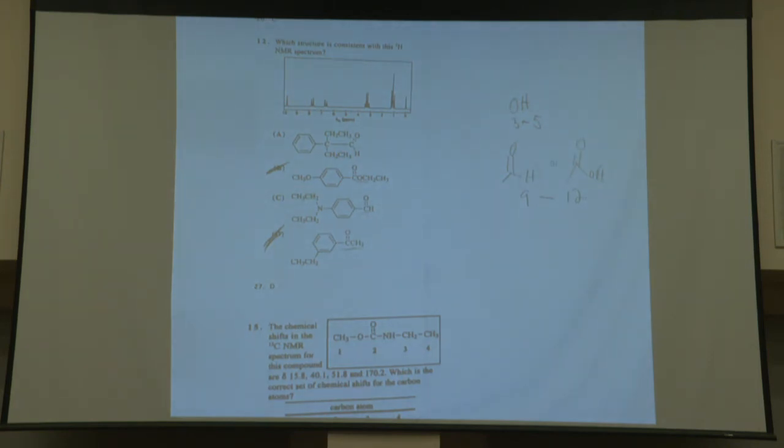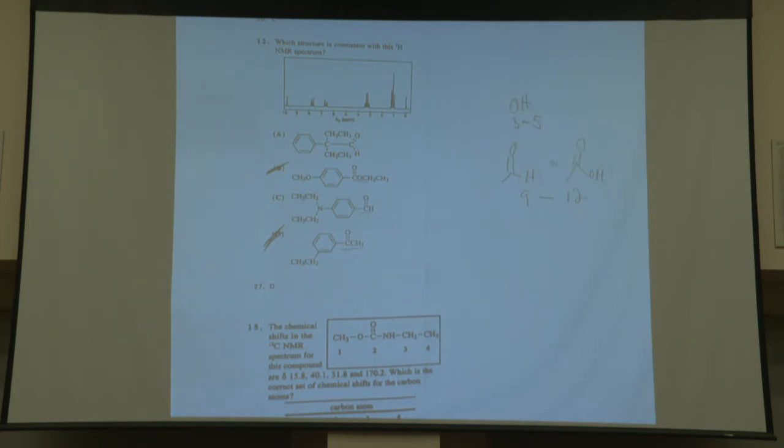There's a couple ways you could do it. I'm going to show you what I think is the easiest way, and that's just based off of the number of signals. I know I didn't really show you that, but if you think about it logically, how many signals you have is based on how many different kinds of hydrogens you have. That make sense?